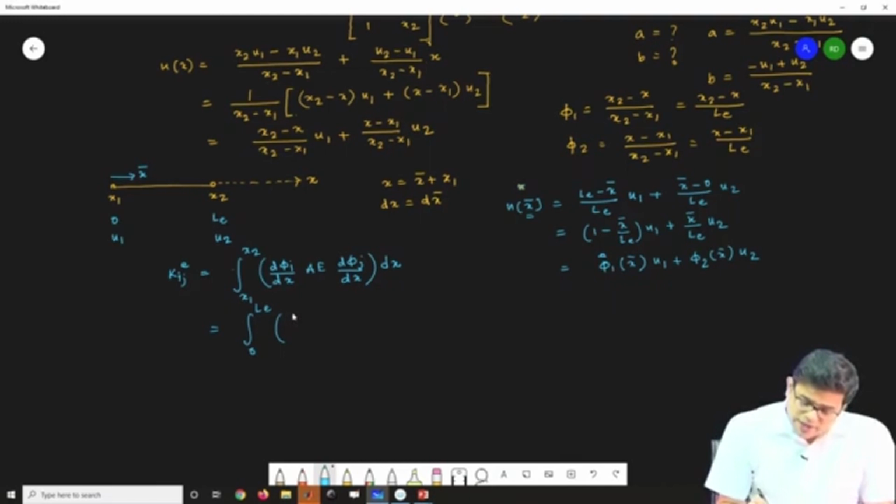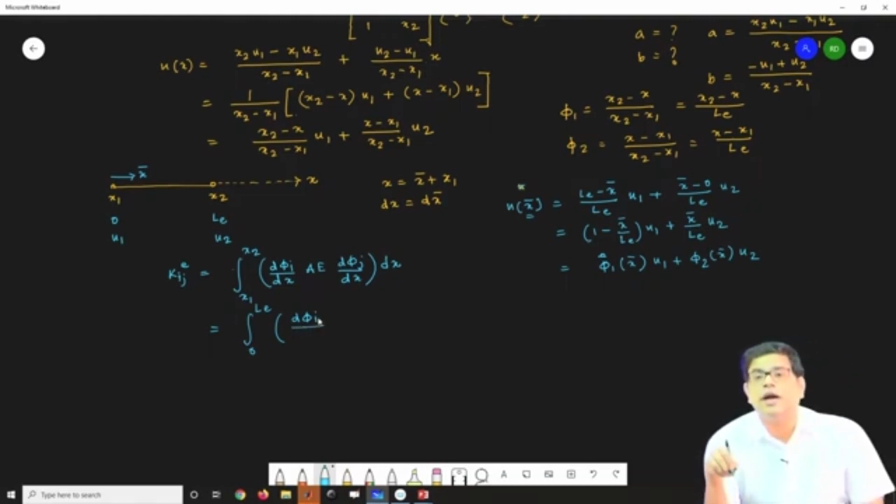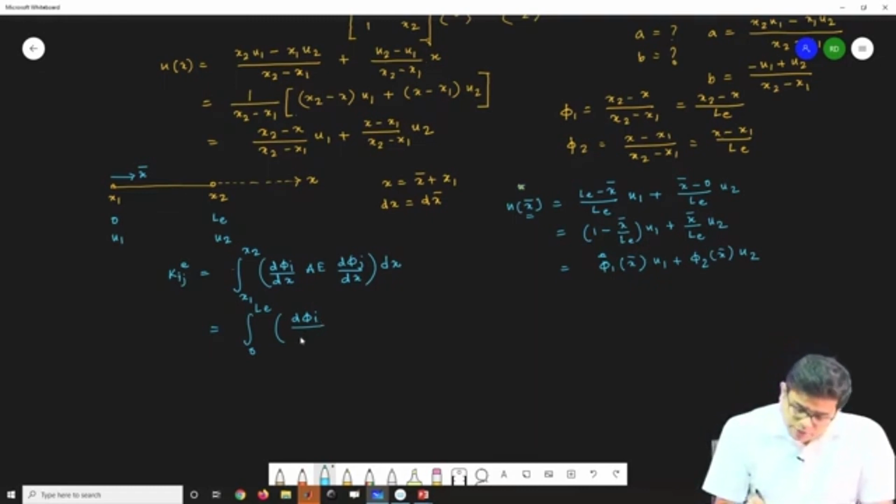So naturally, I am not just changing the variable, but understanding that phi_i is a function of x bar. Now dx bar obviously, and then dphi_j by dx bar, and then dx bar. So I can just do this and then find out the stiffness matrix.